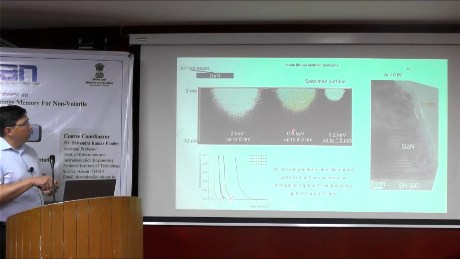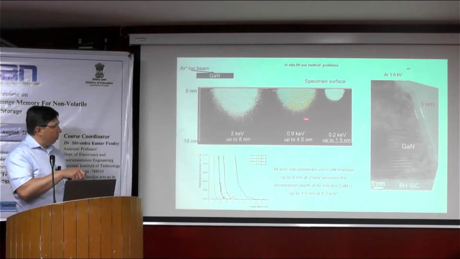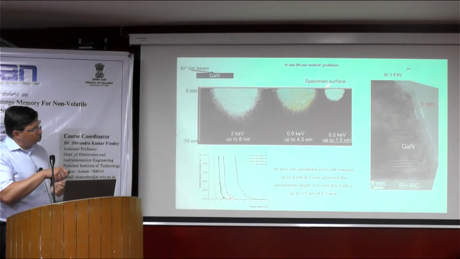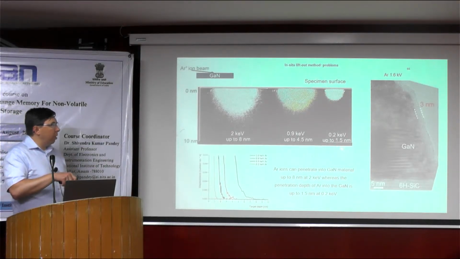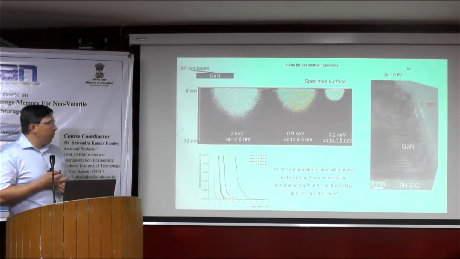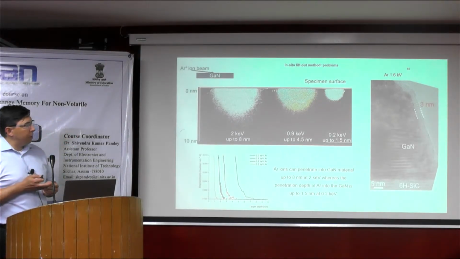If we reduce to around 0.8 kilo electron volt, it reduces to 4.5, and with 200 electron volt, you can even reduce the penetration depth into your specimen to 1.5 nanometers.